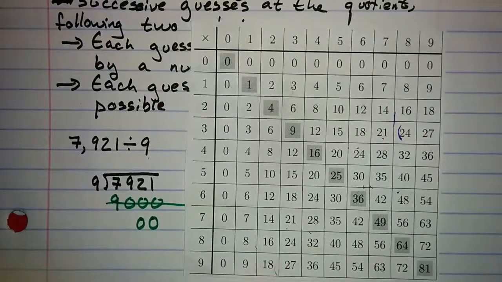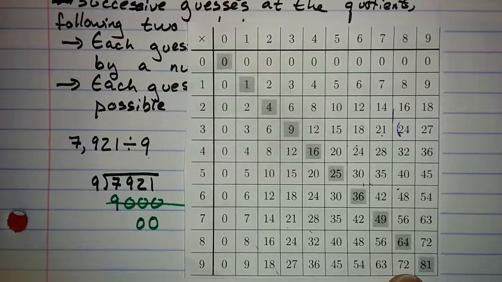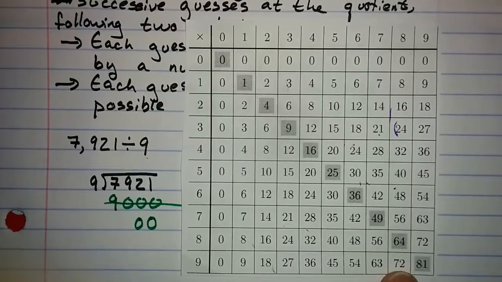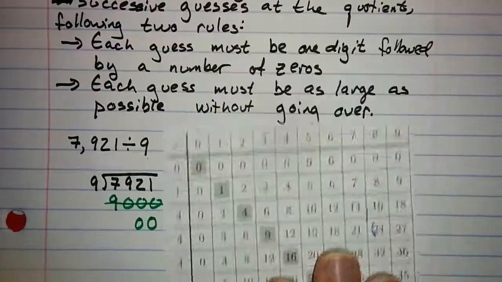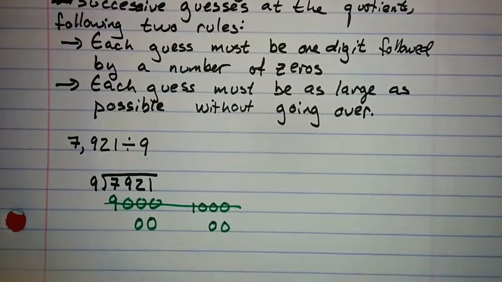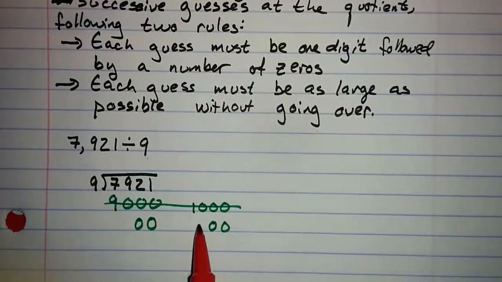I look in the table in the row labeled 9. I find the biggest number that's smaller than 79, and here it is, 72, in the column labeled 8. So my guess is going to be 800.